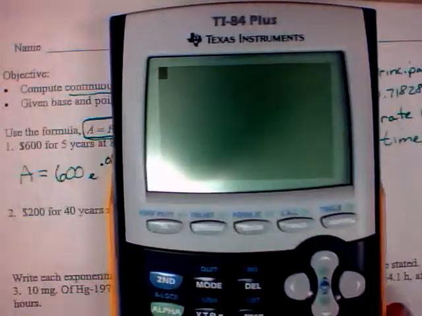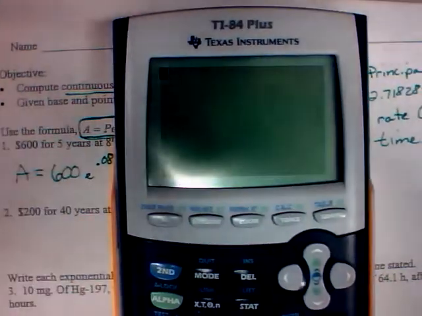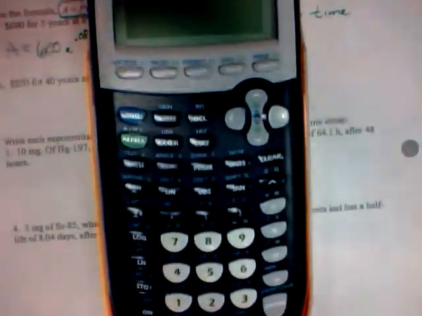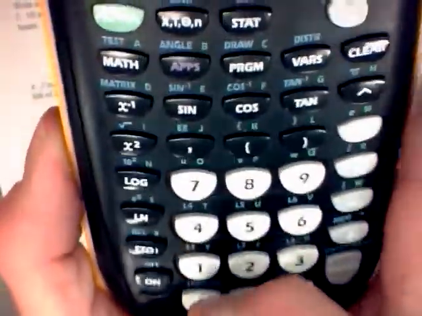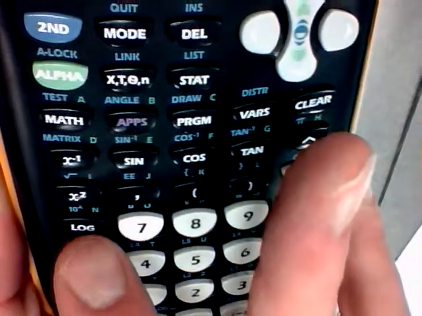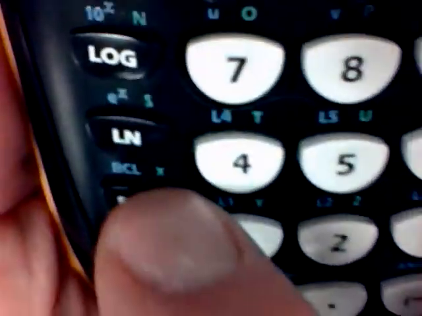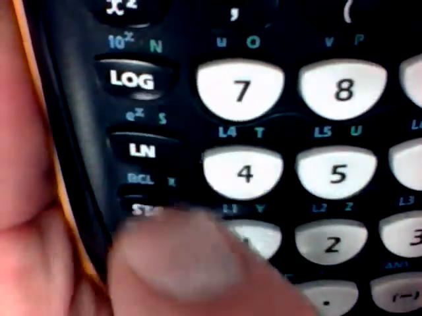So on your calculator, first of all, let me lift this off for a second, you will see on your LN button here, right above, you have a key, and it says e to the x right there. It's on the LN key right there, e to the x.